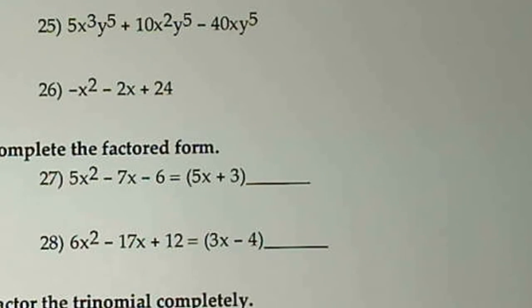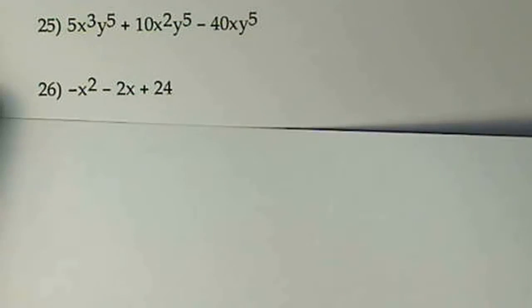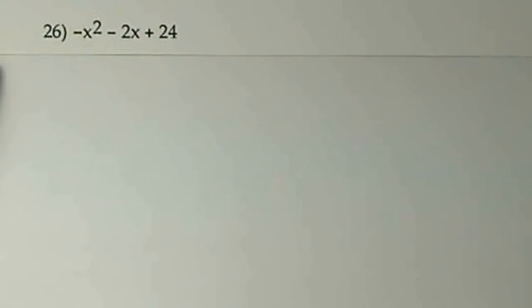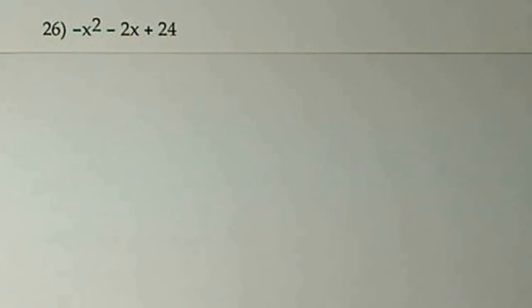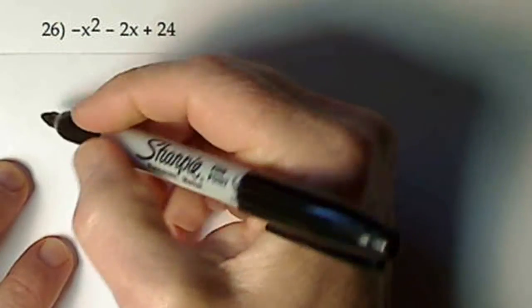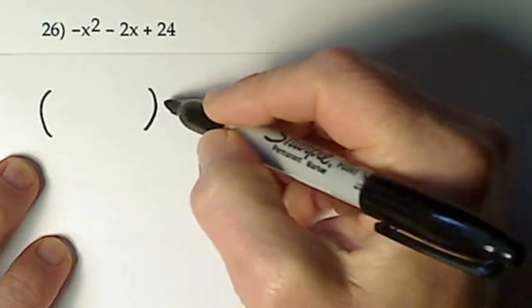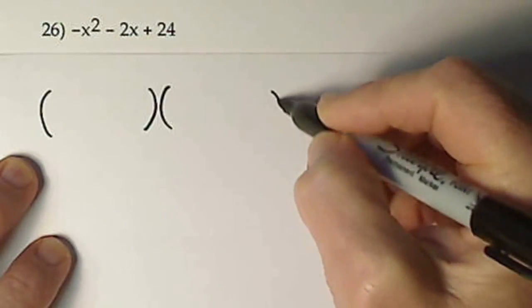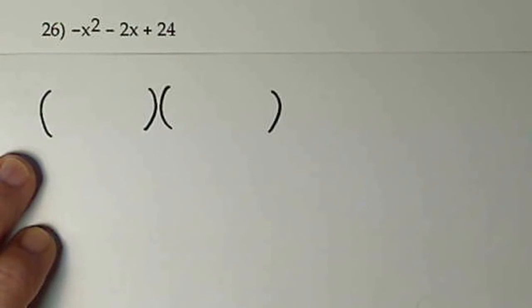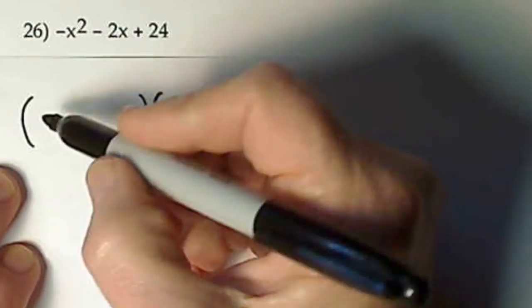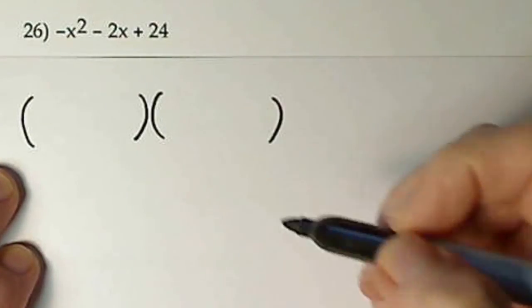Notice in front of the x squared there's a negative sign. We haven't solved ones like that because we don't like them. And here's why. Usually for the x squared, it's not much mystery how you're going to factor it. I would just put x and x, right?